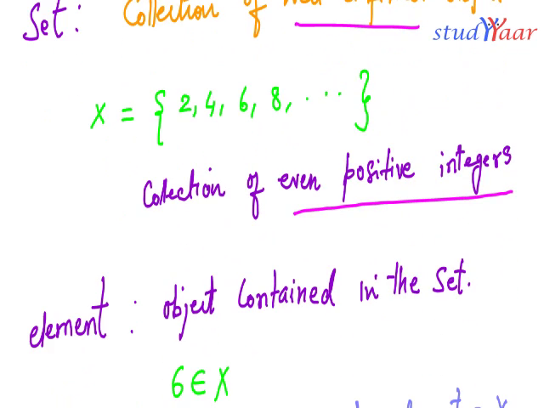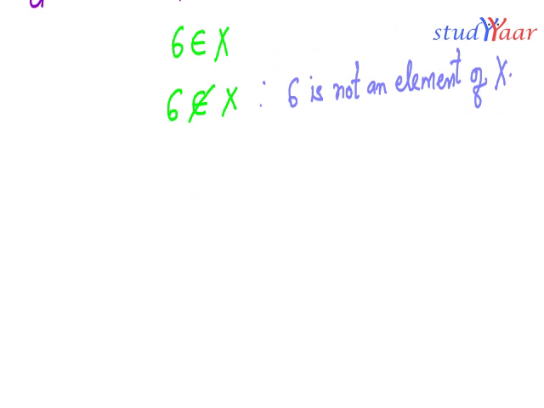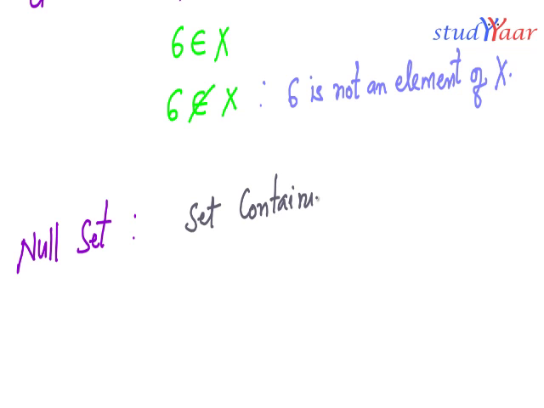Then another terminology that we should remember is known as a null set, okay? So what is a null set? A null set is an empty set, okay? It is a set containing no elements.